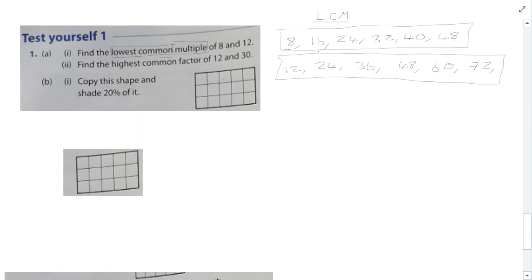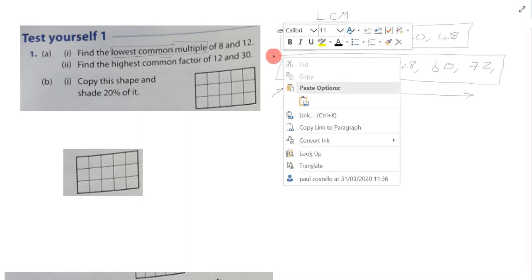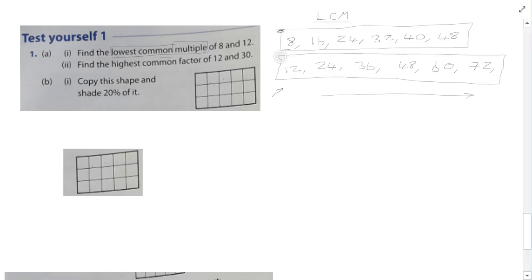The numbers on this side are the lower numbers, and as you move this way you get higher numbers. So what we mean by common is that we have a number that's in this set and in this set, so it's common to both.